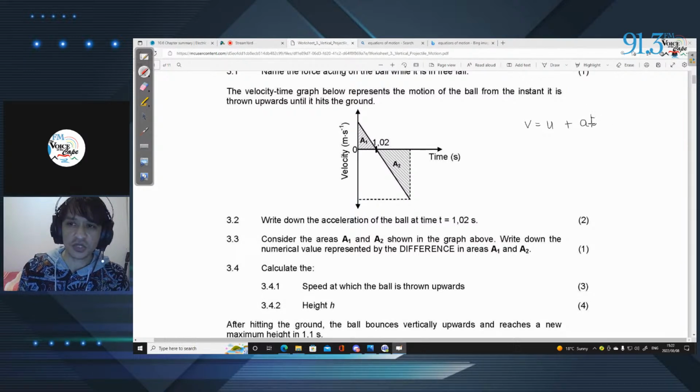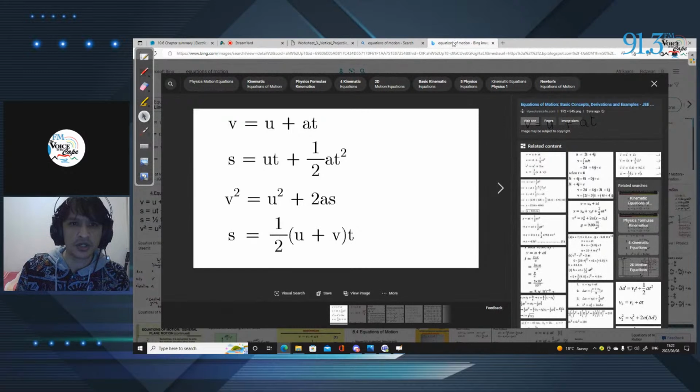We can't really use that because then we'll end up with a 0 value over here, and we're saying that the final velocity is equal to the initial velocity, which is actually true in this case. But of course, now we can't really use this equation. So let's look at another one, because we don't want to get an answer where it's just v is equal to u, and now we're still left with two variables. It's not going to work for us. So let's look for a different one.